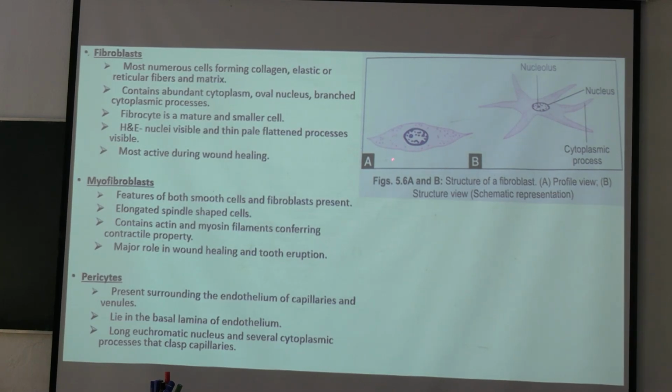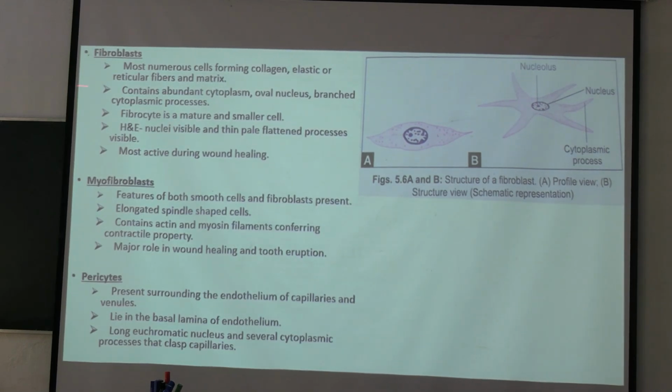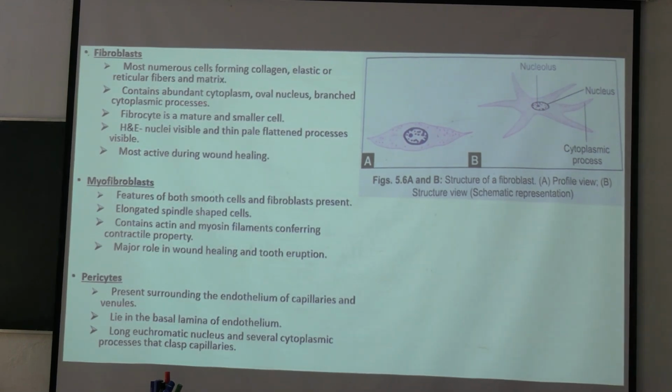This is the view from the side. Only two processes can be seen in sectional view. Fibroblast is the most numerous cell, forming the collagen, elastic, reticular fibers and matrix. It contains abundant cytoplasm, oval nucleus, and branched cytoplasmic processes.